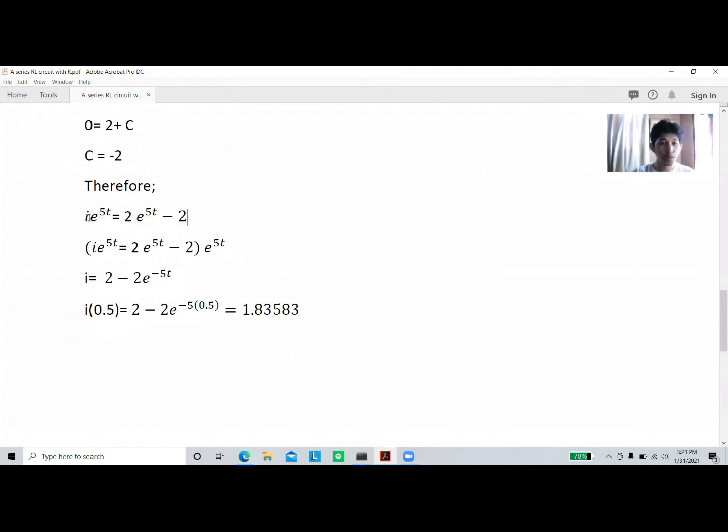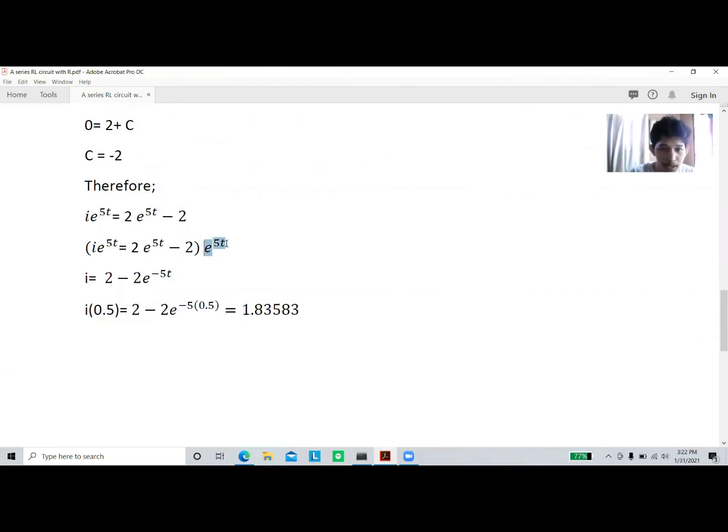What we are finding here is the current, so we need to isolate I. We just need to multiply both sides of the equation by e raised to 5t. We have a mistake here. You just need to multiply both sides by e raised to negative 5t.